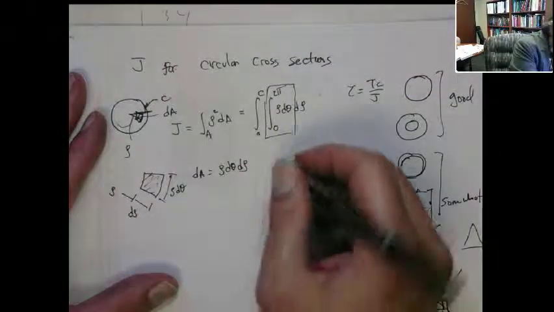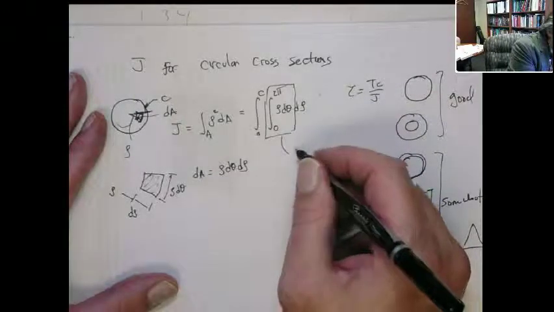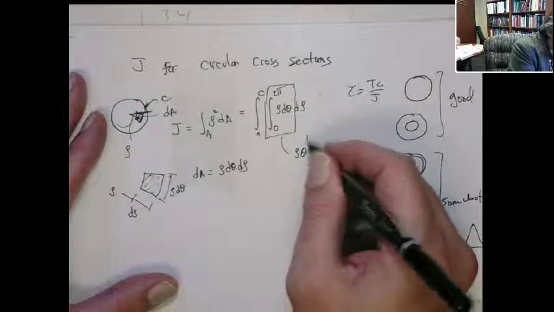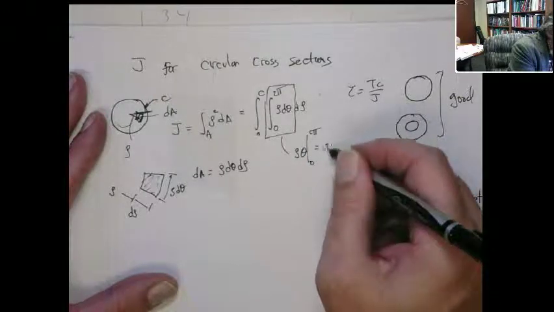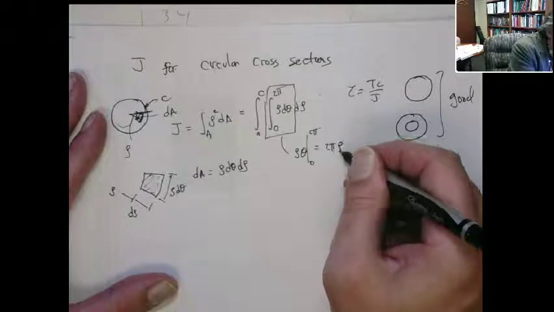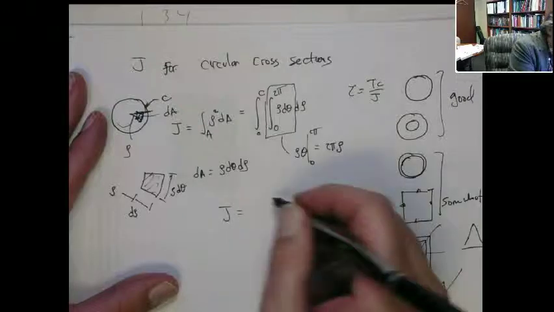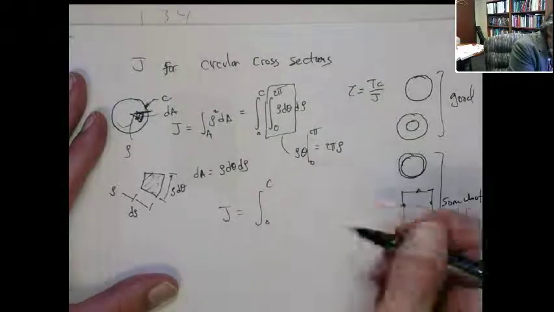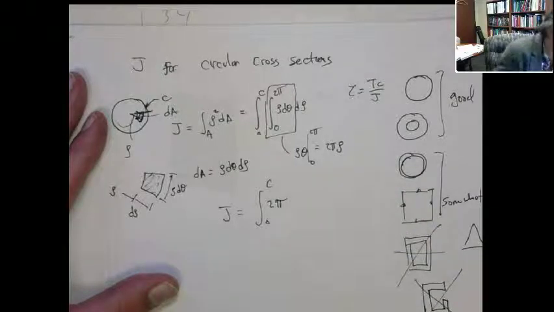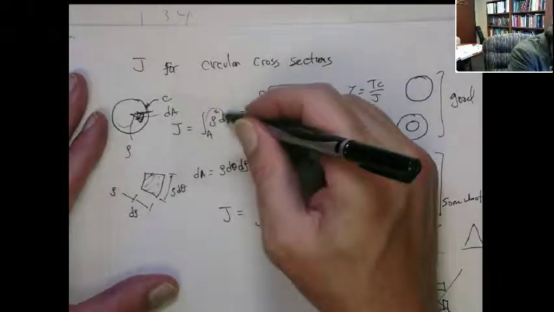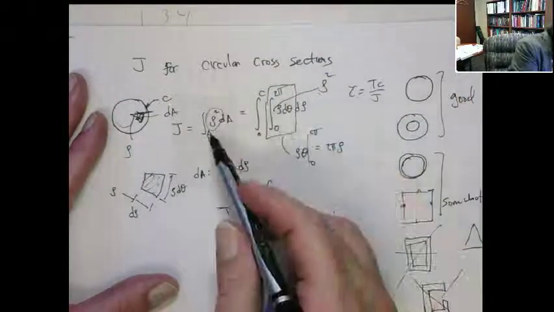So this just becomes rho theta from 0 to 2 pi, or in other words, just 2 pi rho. Now J is equal to the integral from 0 to c of 2 pi, and I forgot to put the initial rho squared.